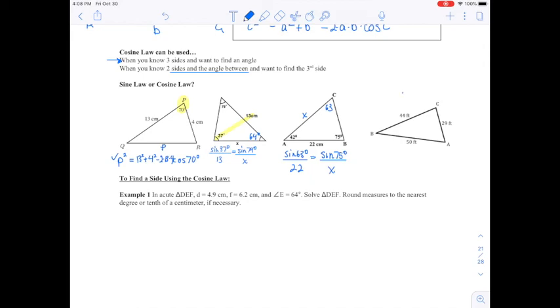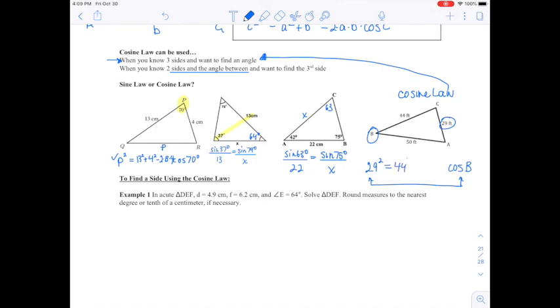But we'll notice this one's the cosine law, and it's most obviously the cosine law because we don't know any of the angles at all. So here's a case where I'm just going to pick an angle, let's say B, and I'm going to put that in my cos ratio there. And then I know that this has to be the side opposite of B, so this is lowercase b.